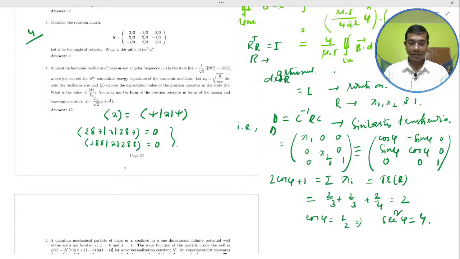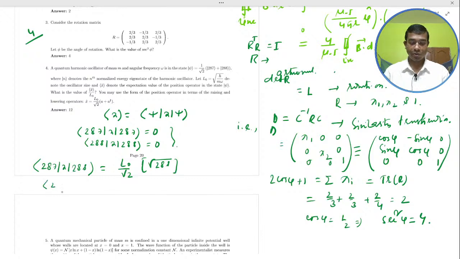And similarly, since this is 0, now you calculate that this is 0 because of the normalization, simple. The 287 x 288 expectation would become L naught by square root 2 root 288.